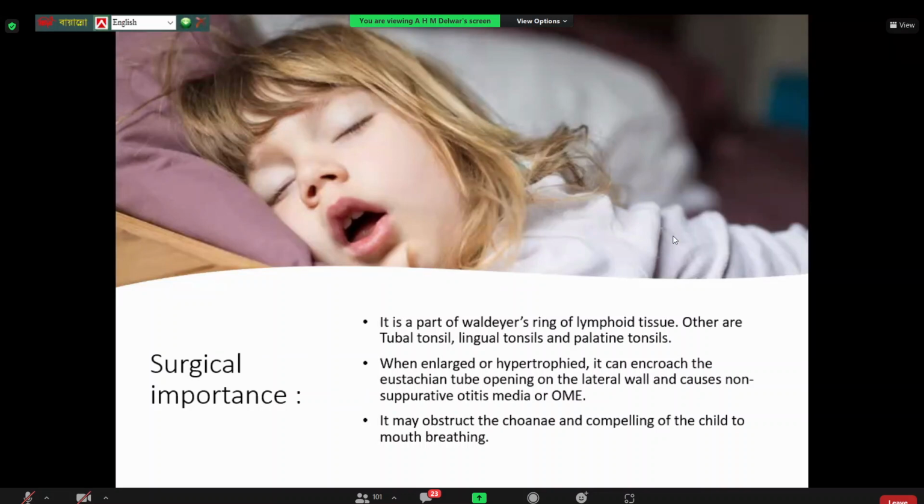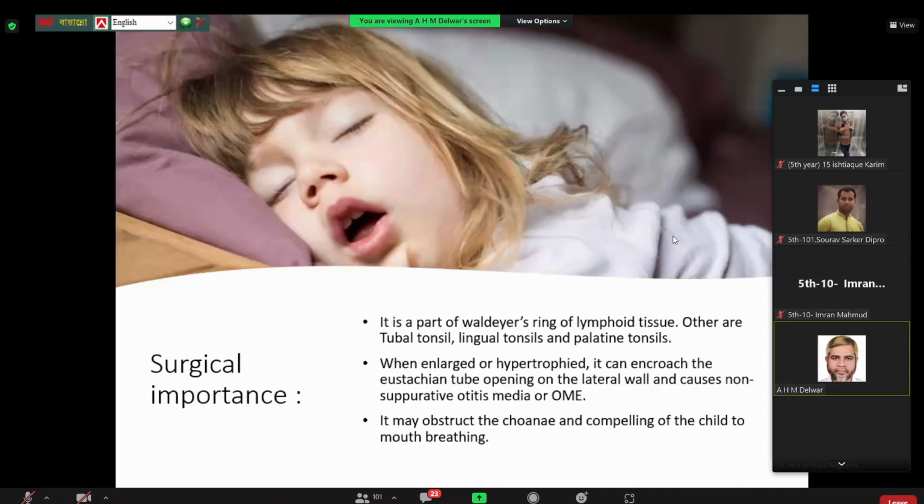Mothers or parents come to us, the ENT surgeon, and say that when they watch TV, their child increases the sound, and the normal sound he or she cannot hear.